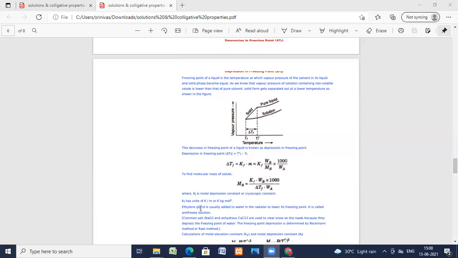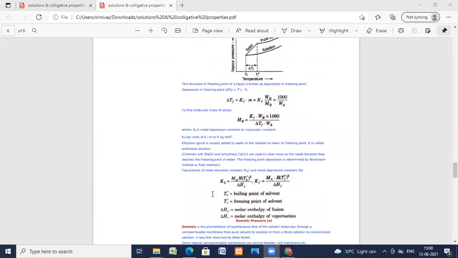Now, Kf has a unit like this. Kb is equal to Ma into R Tb square by delta Hv, and Kf is equal to Ma into R T naught f square by delta Hf. The molar enthalpy of fusion is delta Hf, and the molar enthalpy of vaporization is delta Hv. Tf is the freezing point of the solvent, and Tb is the boiling temperature of the solvent.